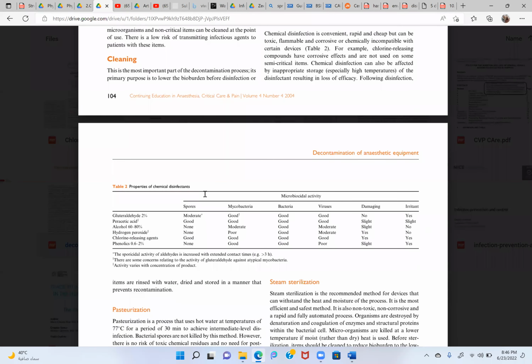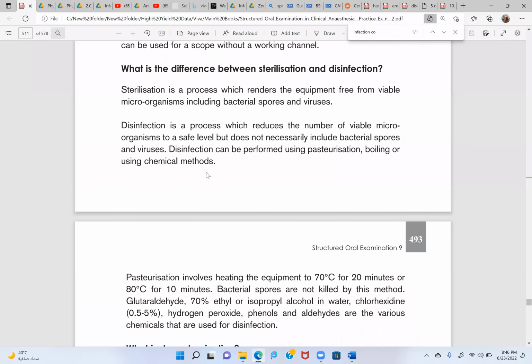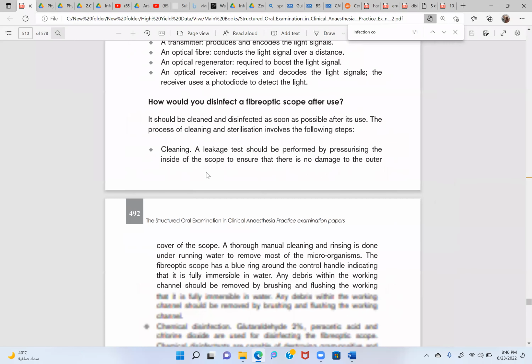Sir, aren't our scopes being sterilized with chemical methods? Glutaraldehyde will sterilize also. Actually, I had just tried to find it out. It's written in the last page of this article.